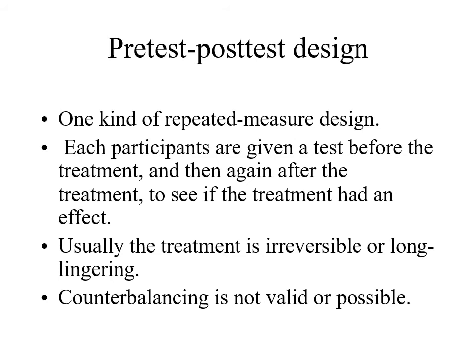Usually this kind of work is done in only one direction. Your pre-test is always your baseline, and the post-test is always after the manipulation has been done. This is usually when the treatment is irreversible or long lasting, and therefore you cannot do counterbalancing, because it's not valid or not possible.